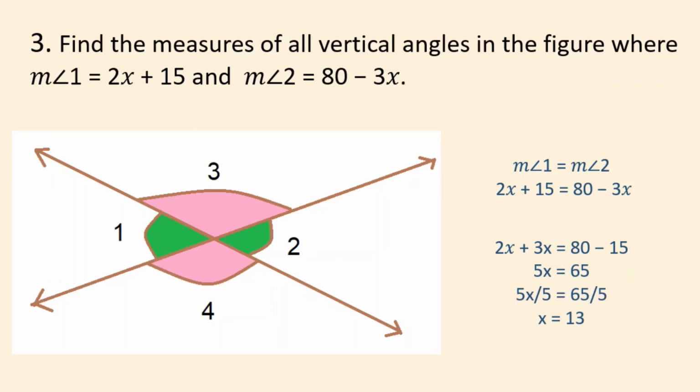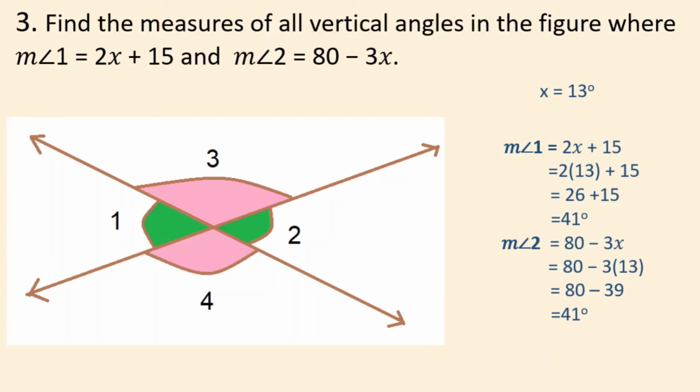Remember also that vertical angles are congruent. Therefore, the measure of angle 1 is equal to the measure of angle 2. So we substitute the expressions for angle 1 and angle 2: 2x plus 15 is equal to 80 minus 3x. Then solve the equation. The value of x is 13.